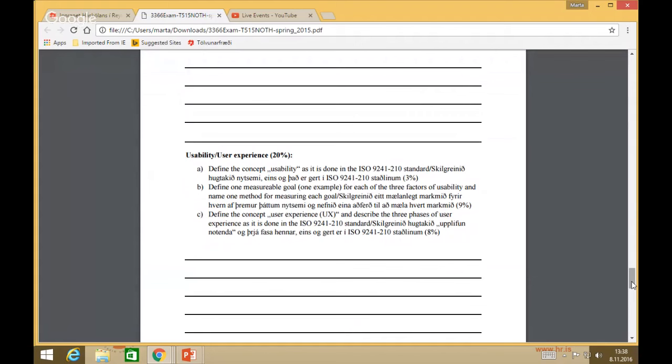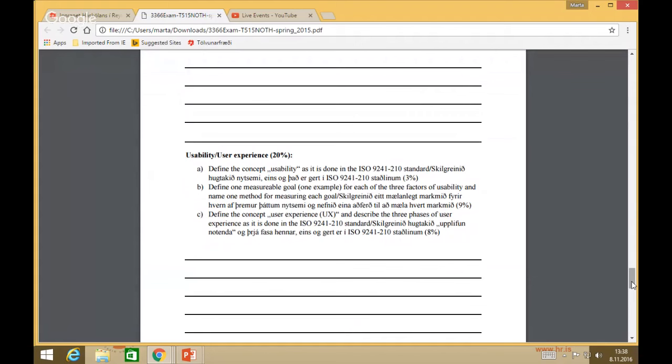Yeah, so this is the definition I use all the time. The extent to which a product can be used by specified users. What do you say?